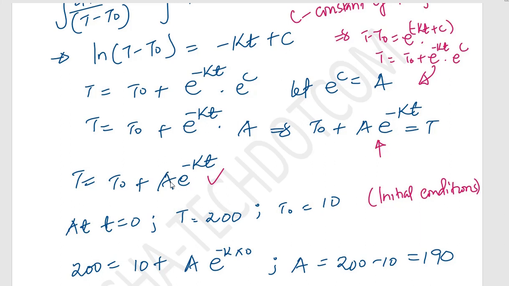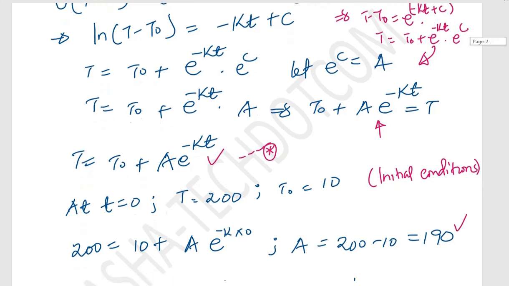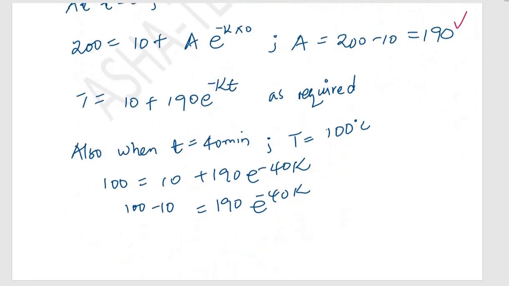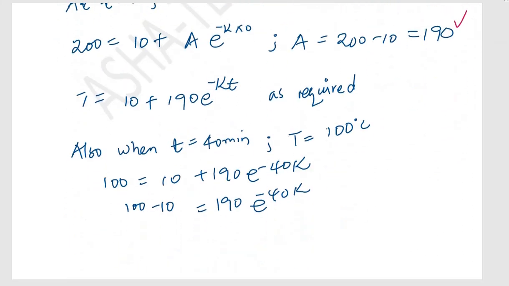So if we substitute in this expression, T, which is 200, is equal to 10 plus A exponential of negative k times the value of t, which is 0. It will give us the constant A as 200 minus 10, which is equal to 190. So let us proceed and put in our expression.